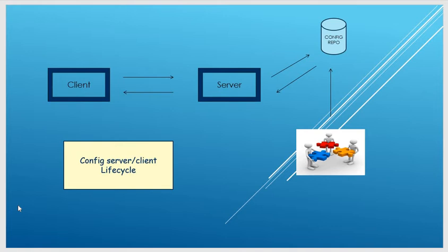If you are a developer like me, in our earlier days we would commit all the configuration properties in the code itself. So what was happening at that time? Suppose your application is deployed to production and now you want to change one property. You need to make another release, test it, and it goes through the whole life cycle.